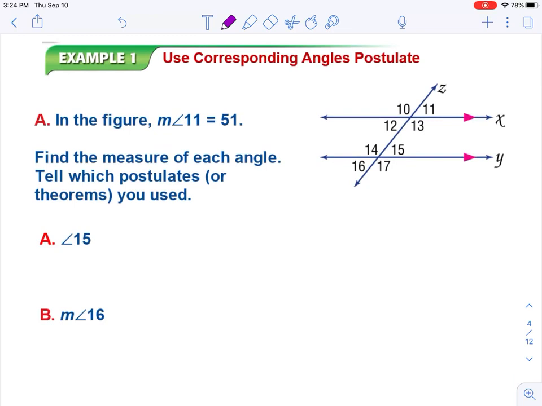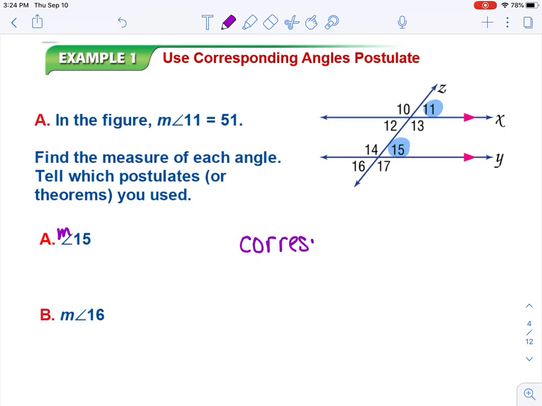In the figure, the measure of angle 11 is 51. We're going to find the measure of each angle, so angle 15 and angle 16, and say which postulate or theorem we used. So angle 11 to angle 15, if you recall from 3.1, and if you don't recall, go back and watch that video, these are corresponding angles.